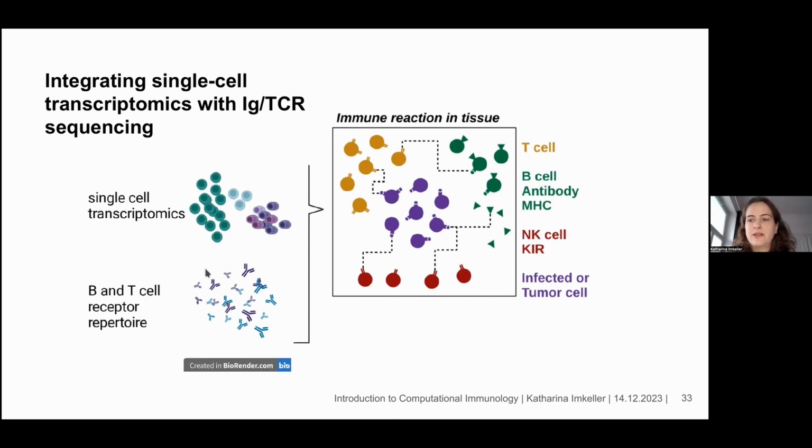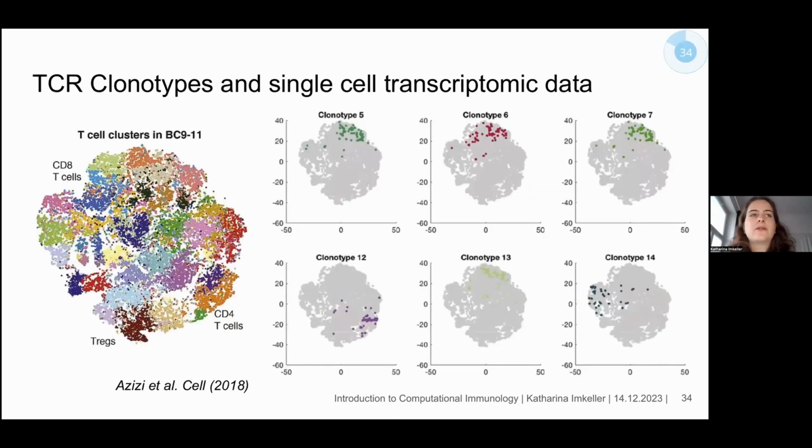And of course, you do this for B or T cells because the other cells don't have a B or T cell receptor. And this allows you then to include the information about antigen specificity within your model of the immune reaction of interest.